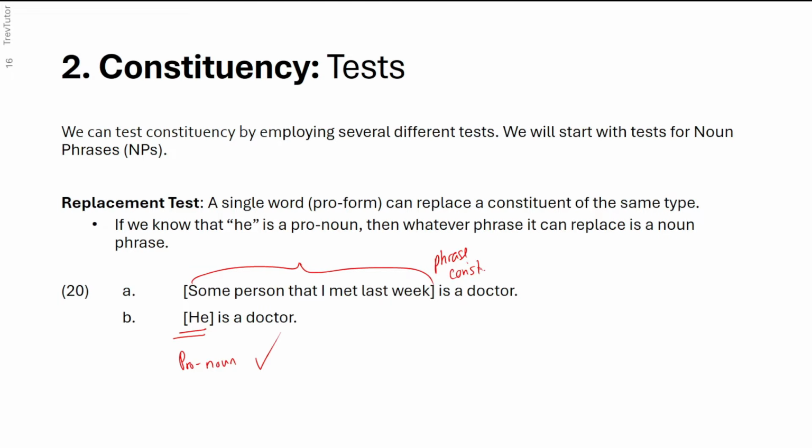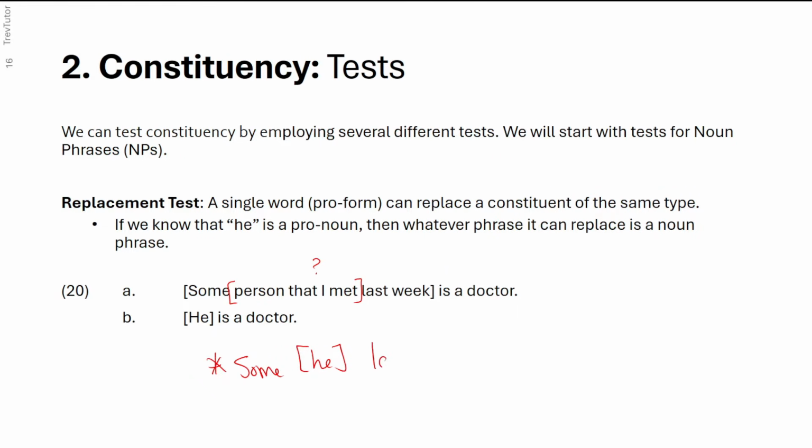What I can't do is say, okay, what about just person that I met? Is this a constituent? Well, what we can't say is some he last week. That is ungrammatical. We can't use other pronouns like him, that, or it.